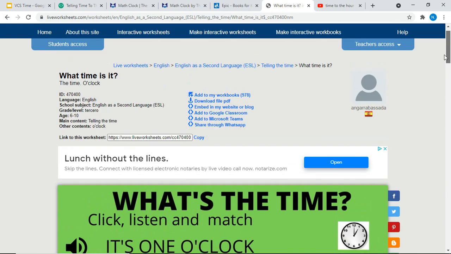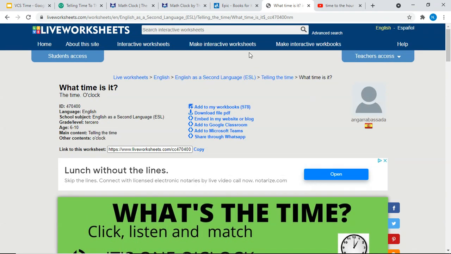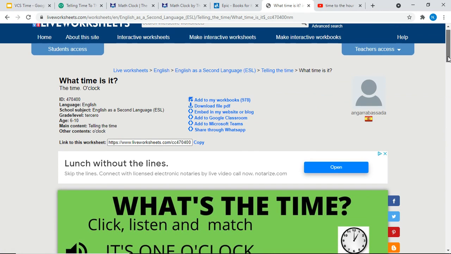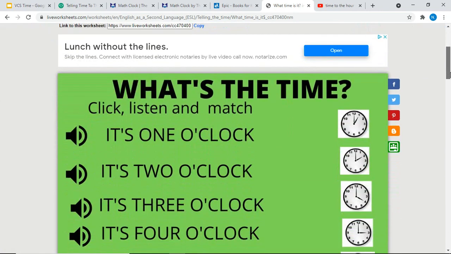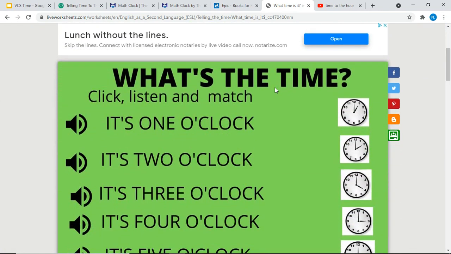And here you would search by time. And I've selected this sheet because it's to the hour. It says, what's the time? Listen and match. And first the students would click. It's 1 o'clock. So the students would draw a line to the clock that is 1 o'clock.